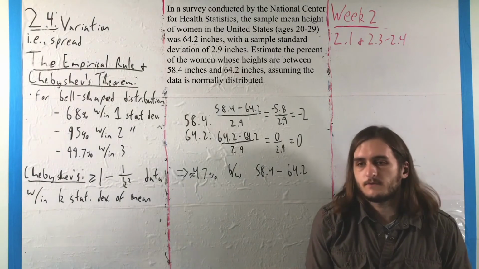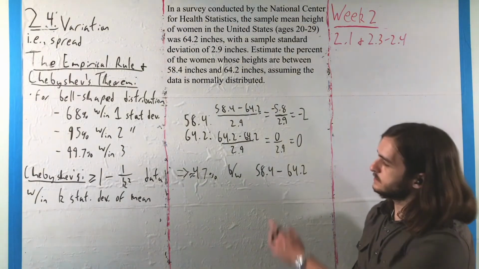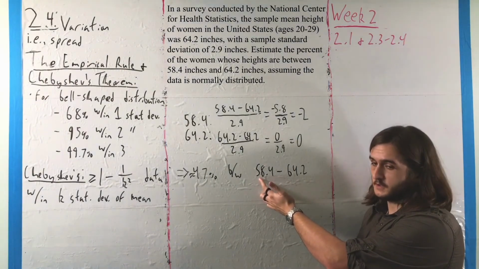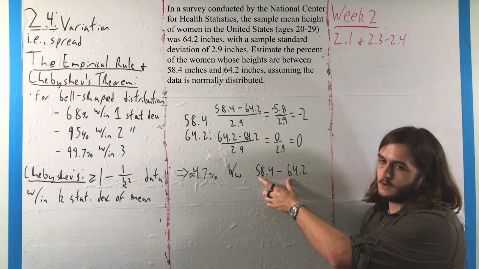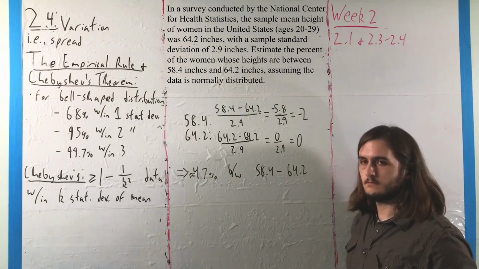That is, about 47% of data is between 2 standard deviations below and none below.